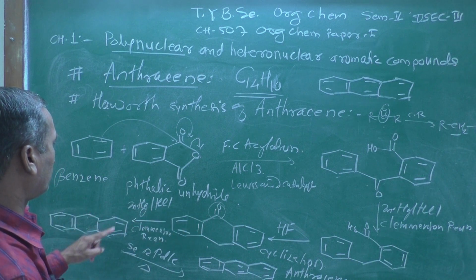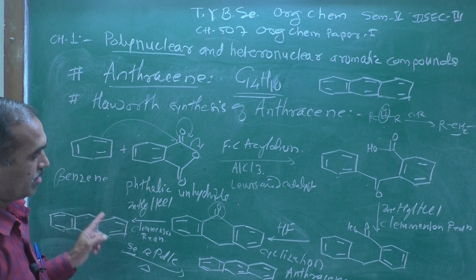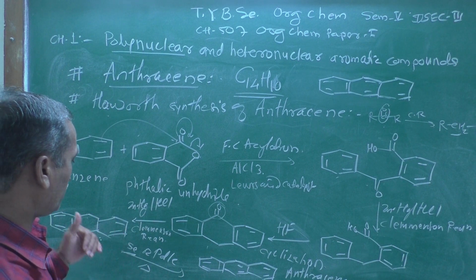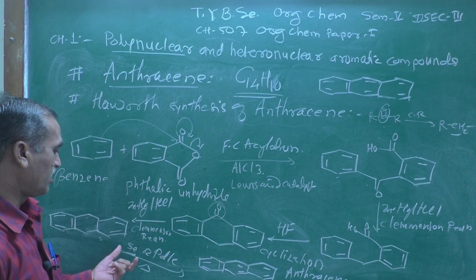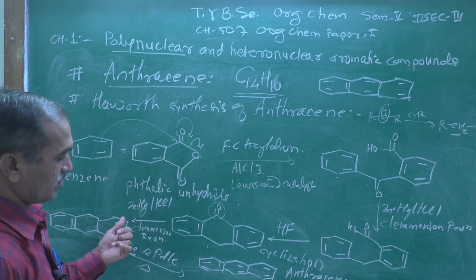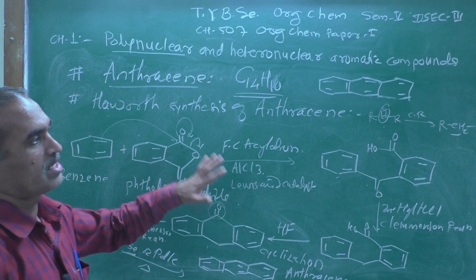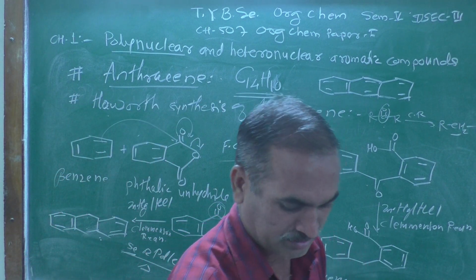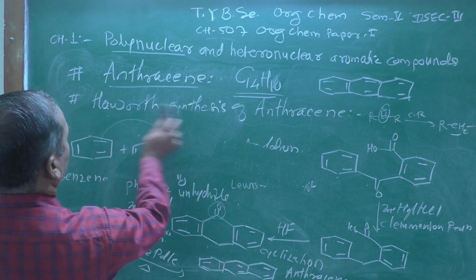After complete conversion of the carbonyl group into a hydrocarbon, they brought about aromatization using a very good reagent, selenium or palladium. Heating, we will get anthracene. So that type of description we have covered in our previous lectures.